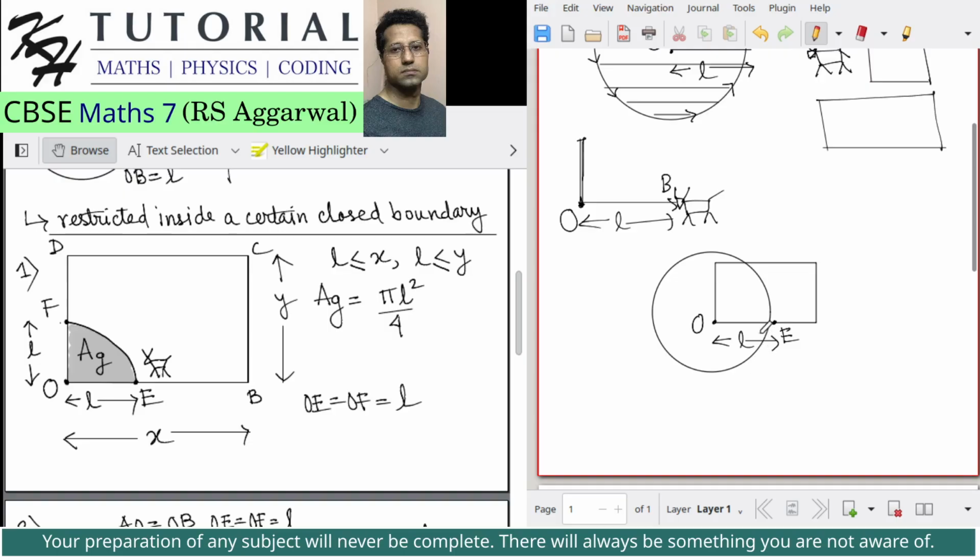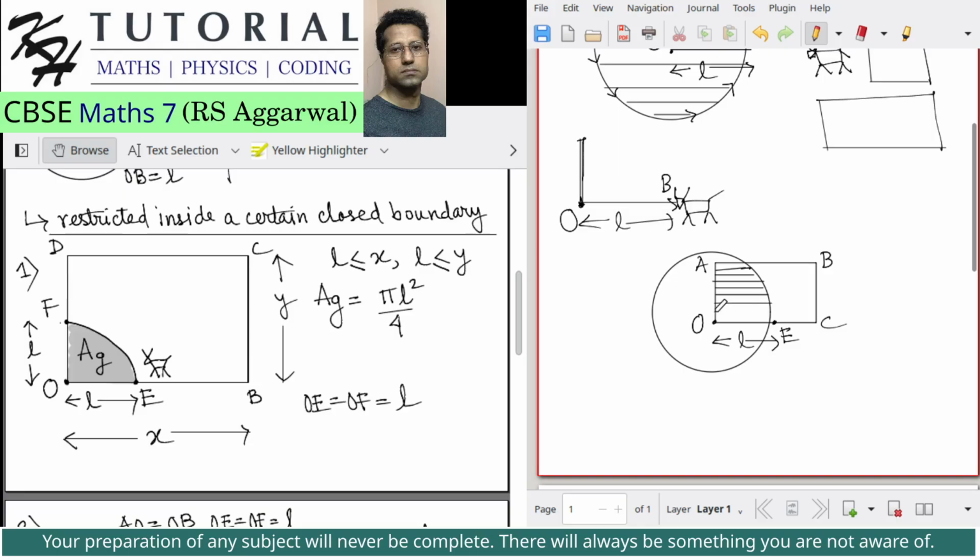But now if the movement of the animal is restricted inside the rectangle OABC, then what will be the maximum area of grazing? It will be this area, that is the area common to the circle centered at O and radius small l and the rectangle.